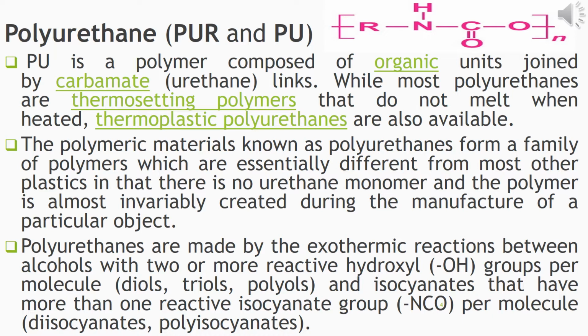So carbamic acid is a carboxylic group in which the carbon of the carboxylic is attached with the nitrogen of an amine. So polyurethanes are the polymers which contain carbamate or urethane linkage.